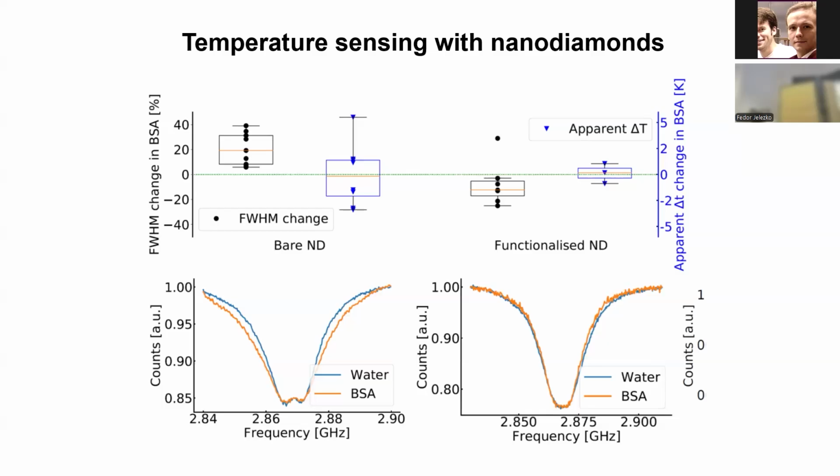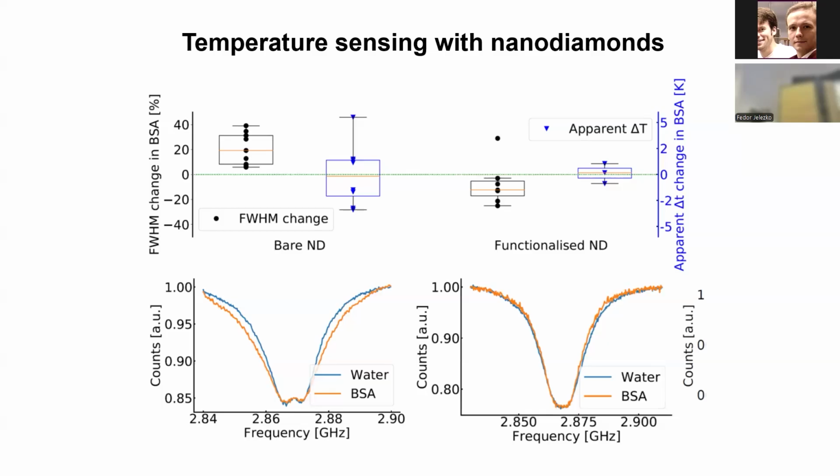And using these functionalized nanodiamonds, we get spectra which are much less sensitive to external proteins present in the solution. Diamonds are more stabilized and deliver much better reproducibility of the spectral shape. And so we don't have any more measured fluctuations of temperature which are not coming from temperature.